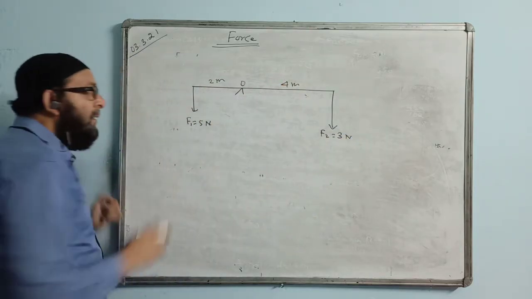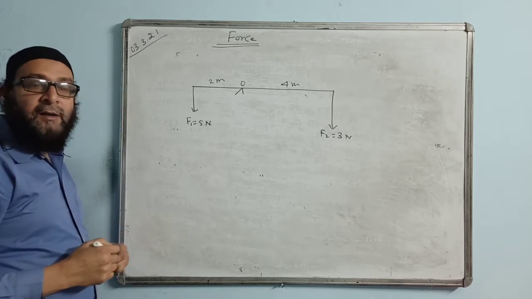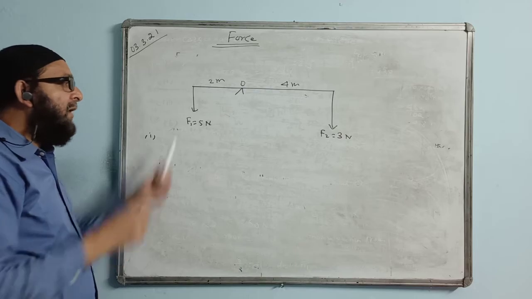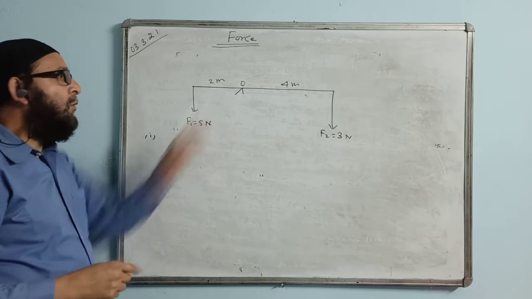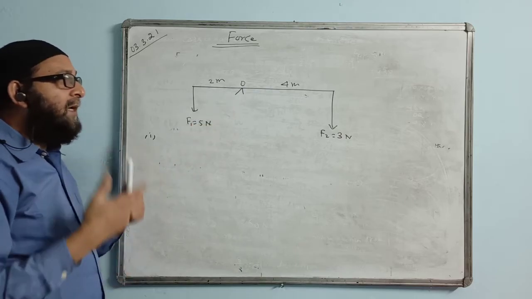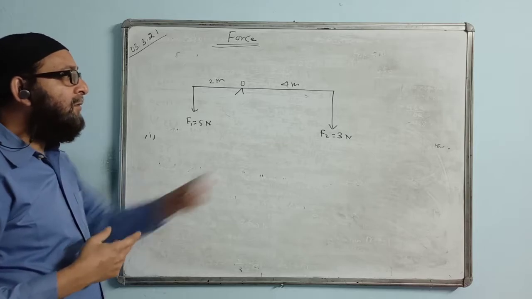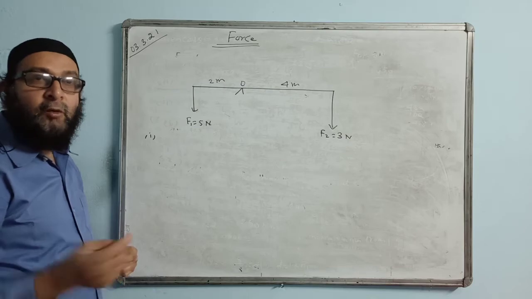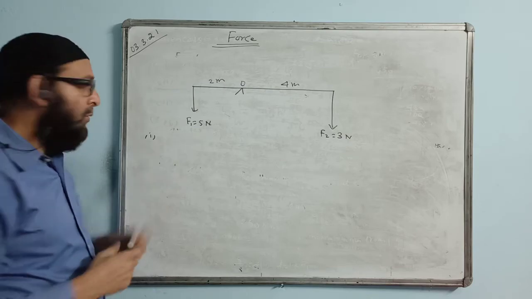The question asks: first part, calculate the moment of force F1 about O. Second part, find the moment of the force F2 about O. And the third part, the total moment of the forces about O.